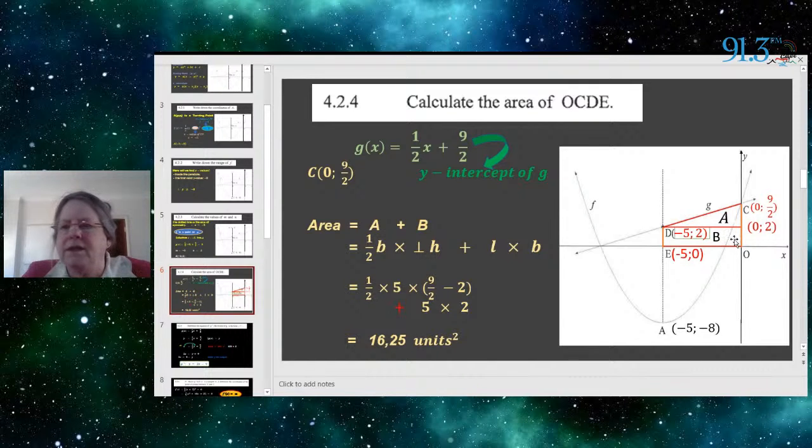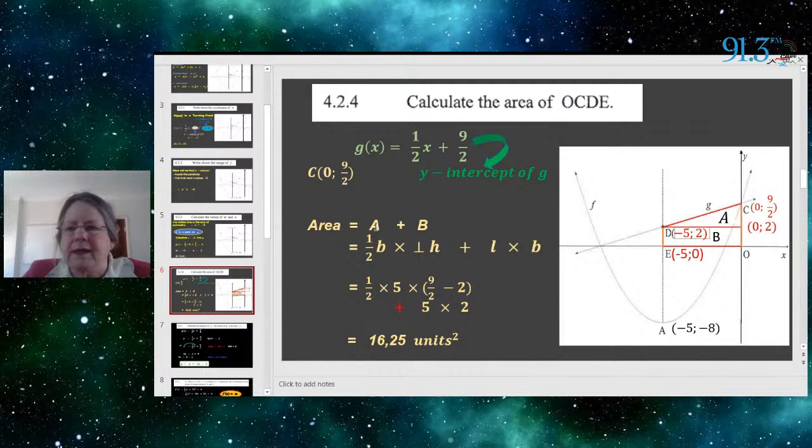So now we need two formulas. We need the area formula for the triangle and the formula for an area of the rectangle. So the total area would be A plus B.